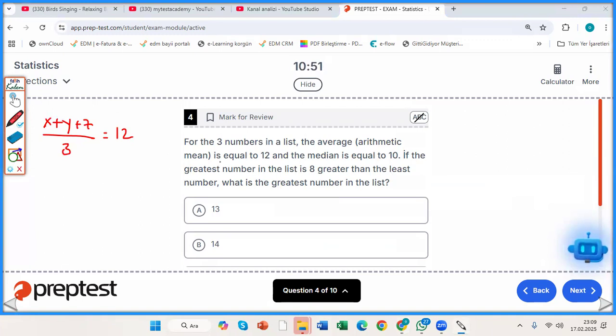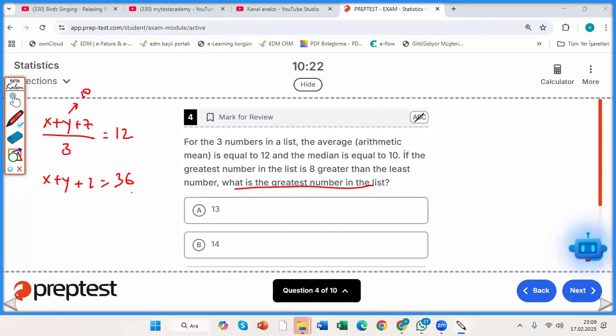The median is equal to 10. For instance, median is y and this is 10. If the greatest number in the list is greater than the least number, what is the greatest number in the list we are asked to find? As you can realize, x plus y plus z is 36.